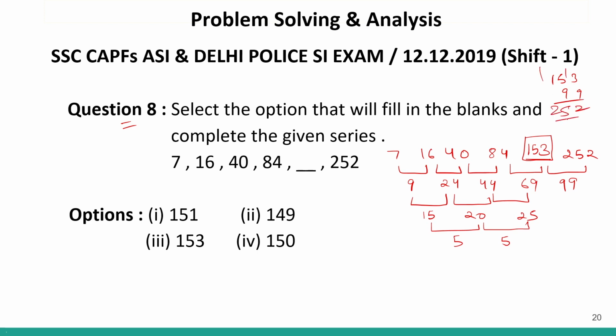So yeah, I'll get 252. Now 69 and 99 have a difference of 30. This has a difference of 5. So if I put 153 in this place, everything will be logically correct. So my answer will be option number 3, 153. Okay, this is your question number 8.